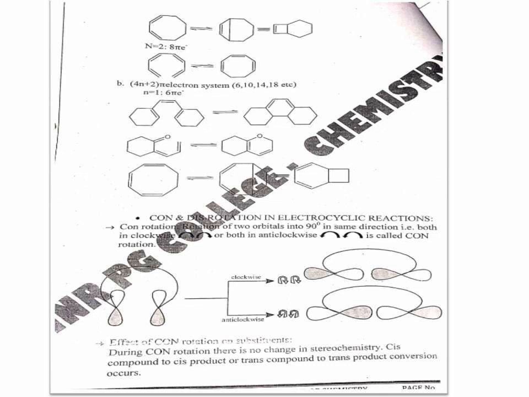We have to identify those 2 carbons where the sigma bond has formed in the open chain, that is, the left-hand side bicyclic compound, and then see the conjugated system. There the conjugated system covers 3 conjugated double bonds, meaning 6 pi electrons. So this is an example of a 4n plus 2 pi system where n is equal to 1.